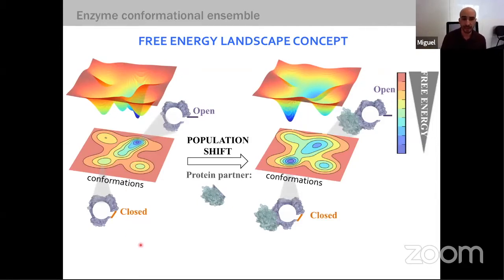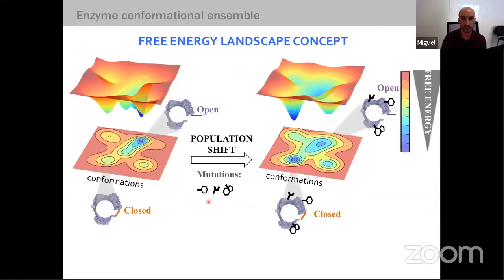Many studies support the idea that after the binding of the substrate or a protein partner, or even distal mutations, this ensemble of conformations can be redistributed by a population shift, as we see in this case, from the open conformation towards the closed conformations.